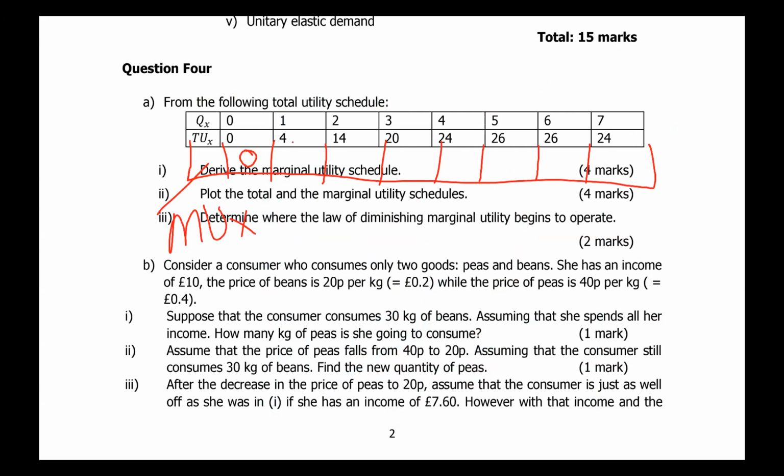So you say 4 minus 0, you have 4. 14 minus 4, you have 10. 20 minus 14, you have 6. 24 minus 20, you have 4. 26 minus 24, you have 2. 26 minus 26 is 0, and that is negative 2. Have you seen that? It's just the same thing, even if you have a horizontal schedule or a vertical one. Did you get that?